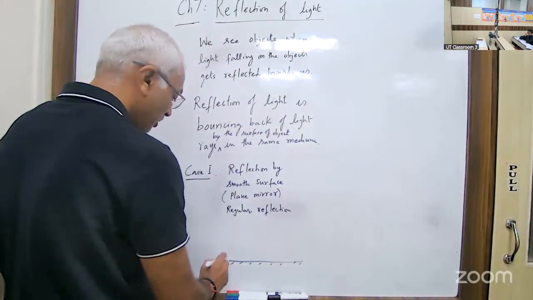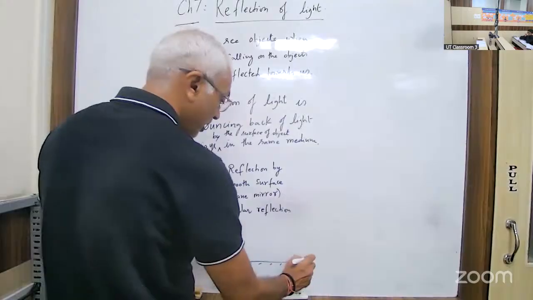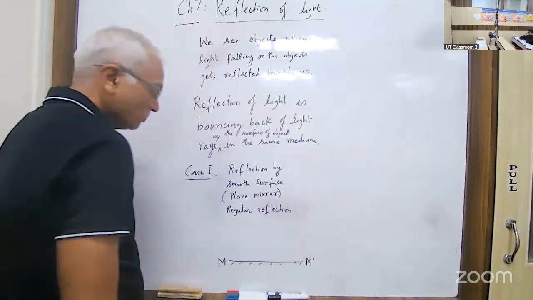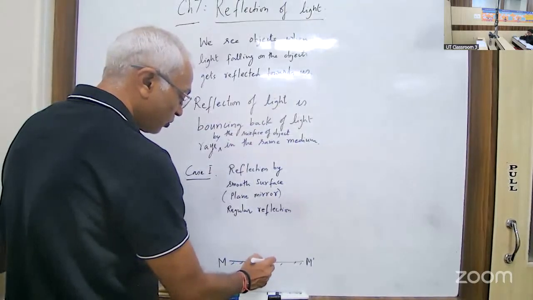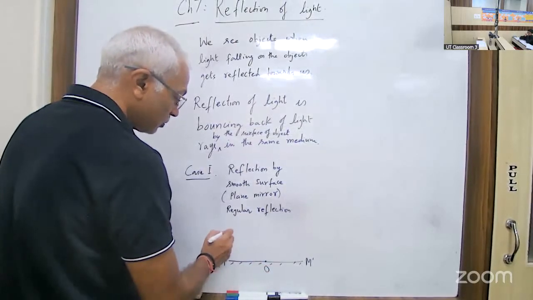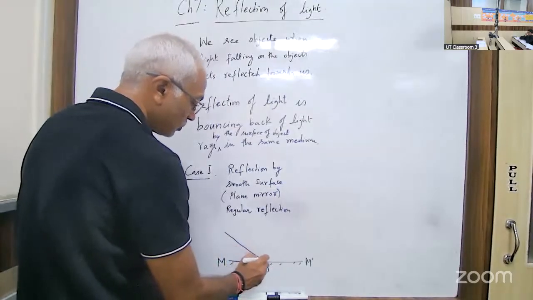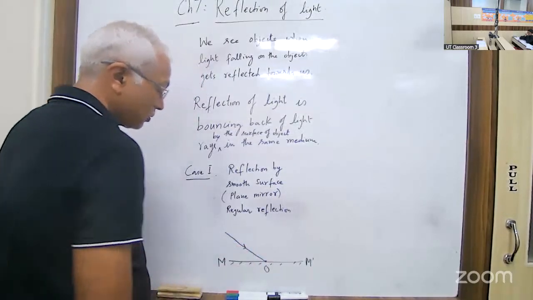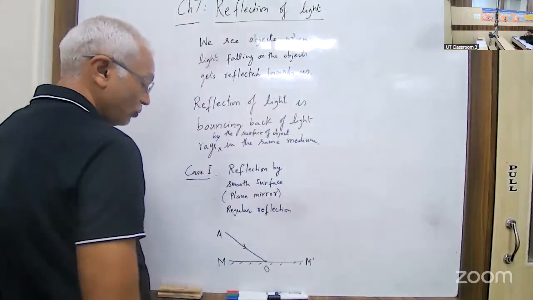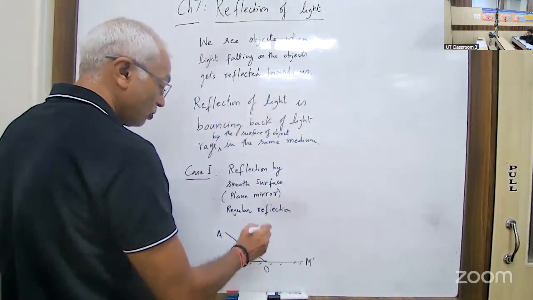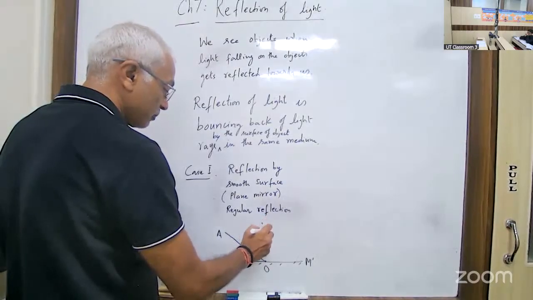Let's say this is our mirror, MM dash. Let's say a light ray is incident at point O. Let's name this light ray AO. So it is incident at O, and O is called the point of incidence.